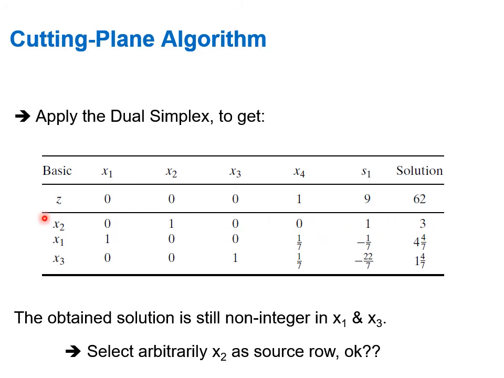But if you look at this row, you will see that the coefficient of z, which is 1, is integer. Coefficient of x1 integer, x2 integer, x3, x4, s1, and the right hand side, all of them are integers. And what do you obtain as a cut here? Nothing.